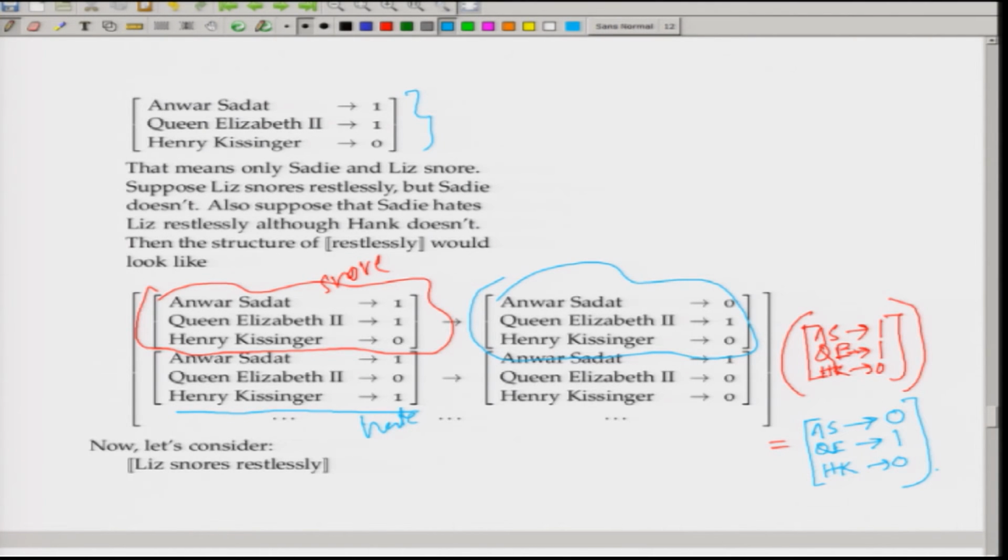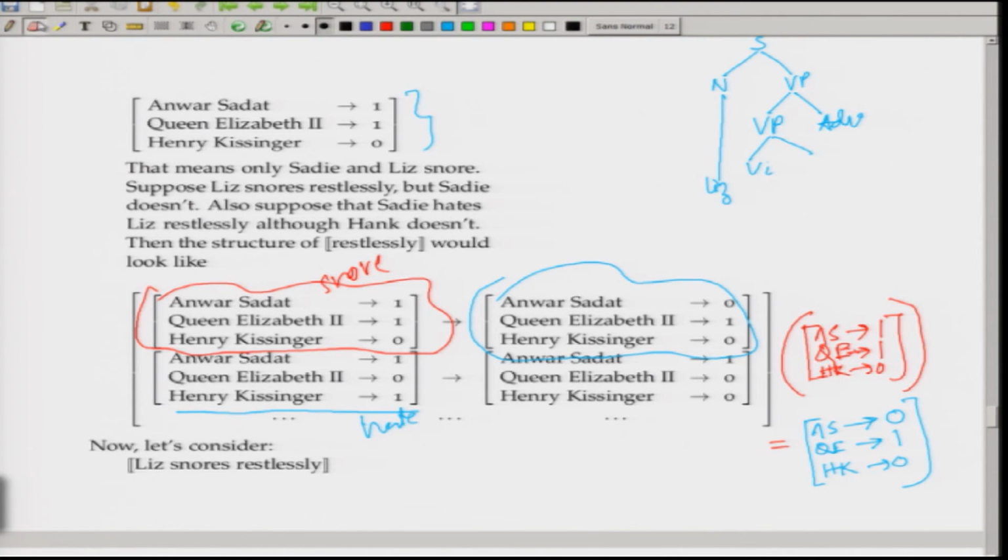This function will now take something and will return a value. So, we will see how the final computation goes on. Let us consider the sentence Liz snores restlessly. First, the generation of it, it is very simple. S goes to N VP, VP goes to VP and ADV, and N goes to Liz, and VP once again goes to VI.